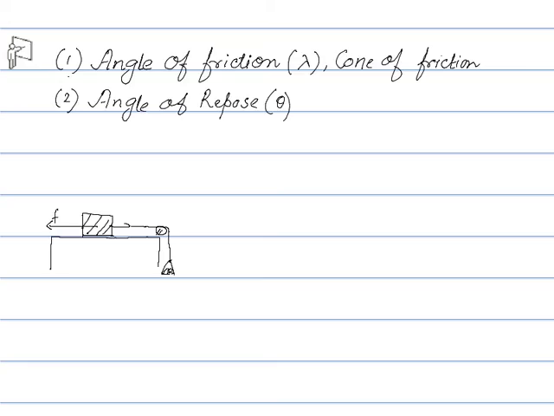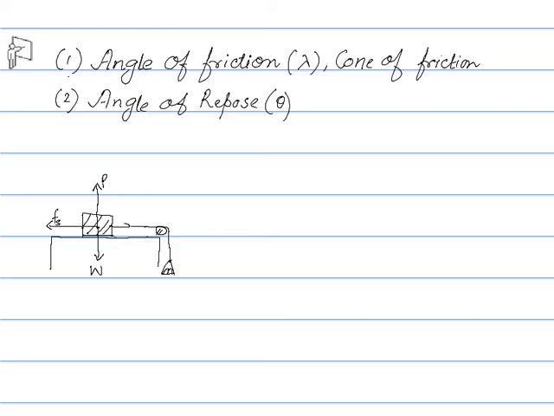So if we have placed the maximum mass up to which the block has not yet started moving but is about to move, then this is the maximum value of static frictional force. Now the weight of this block acts along this direction, and the normal reaction acts along this direction.